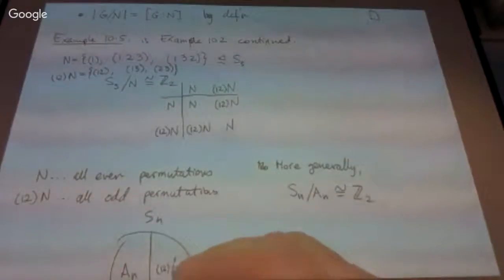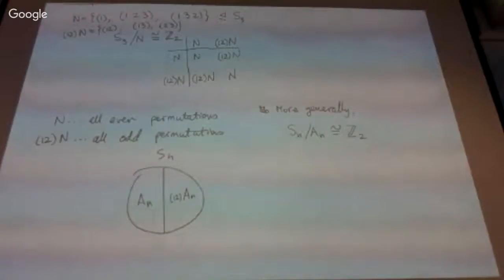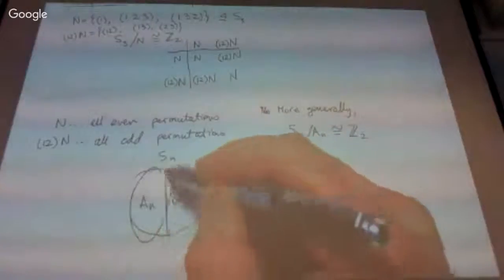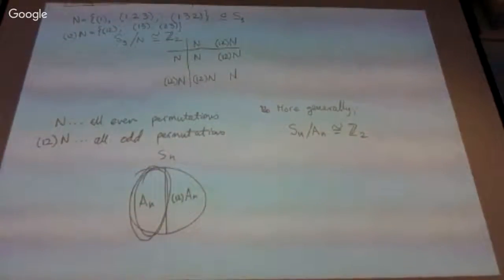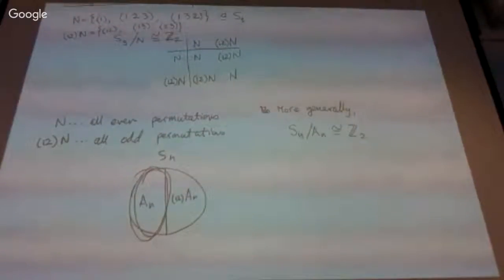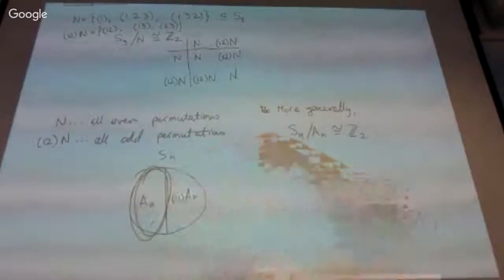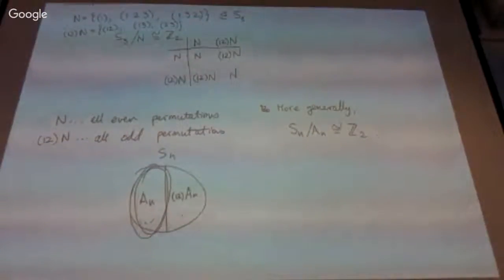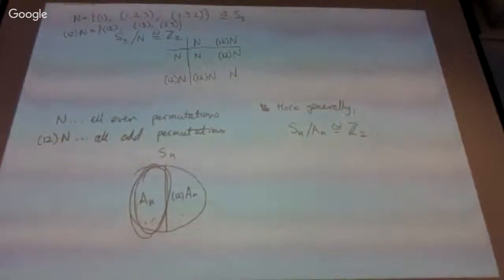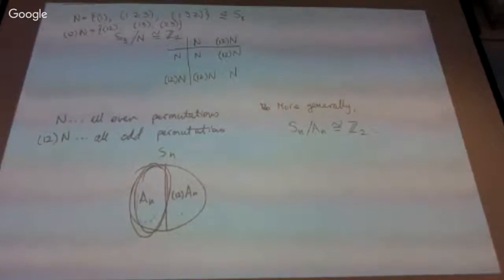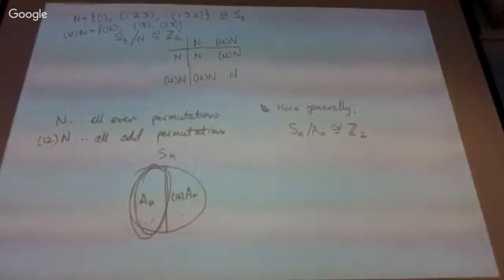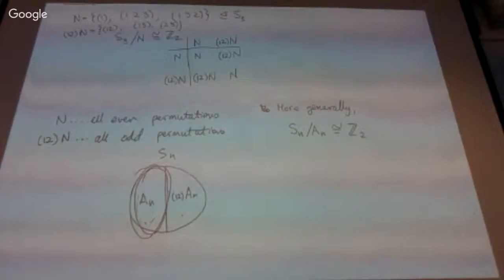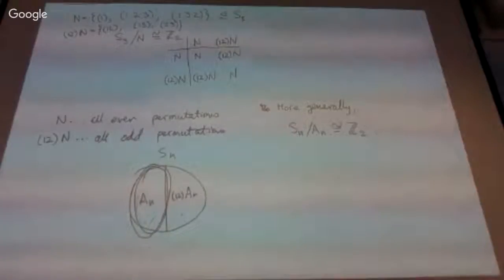So let's say An, and you know what happens within the normal subgroup, you know how this works. And now you know that between the two cosets, it works like Z2. So if you want to see what a group behaves like internally, this is a way of looking at it.